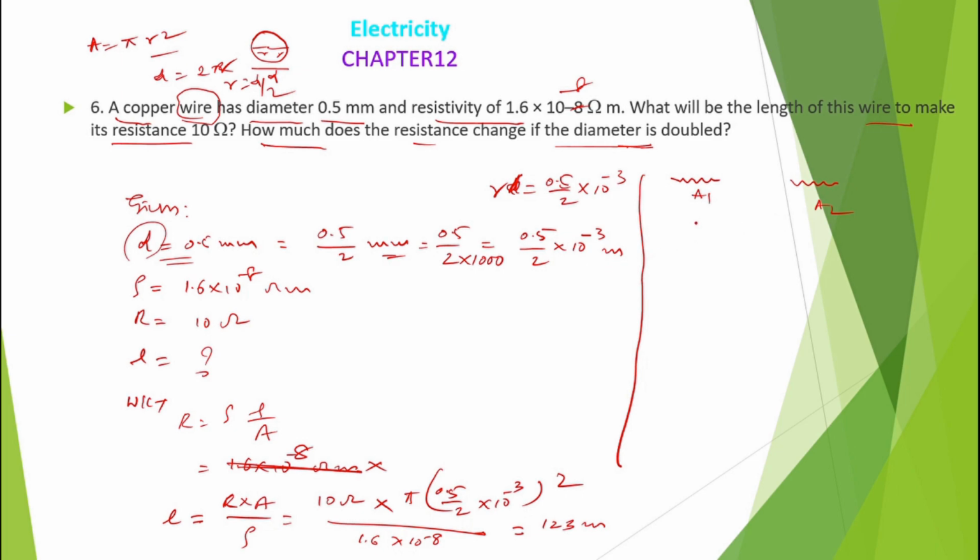Now A1 by A2 is equal to, A1 means pi r square, A2 means pi, radius is doubled, that means 2r whole square. So if you simplify this, you will get 1 by 4. That means A1 by A2 is equal to 1 by 4.